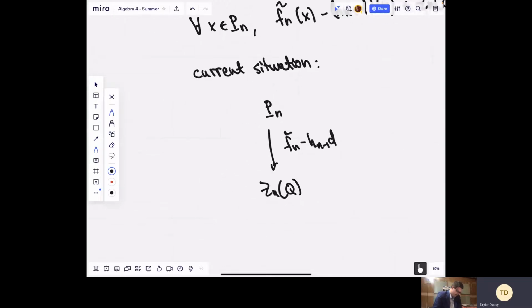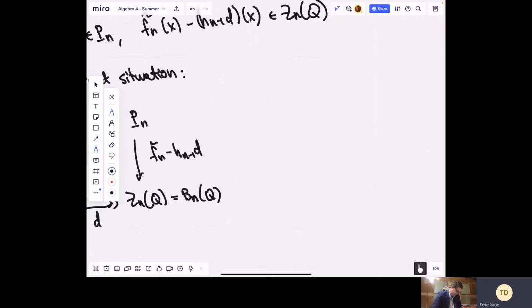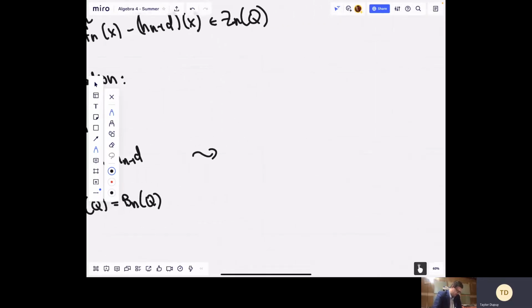Now we're going to use the property that the sequence was exact. This is the same thing as B and Q, and this is a surjective map. So we have a projective module here and a surjective map. So what do we get to do? We define the map that lifts this thing.